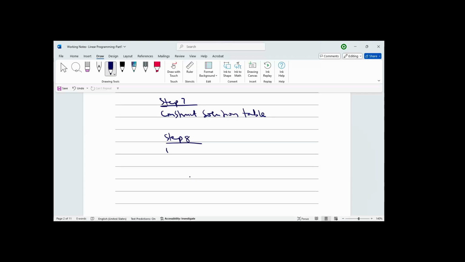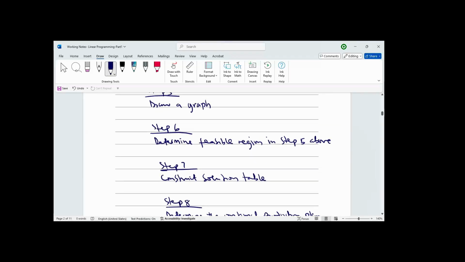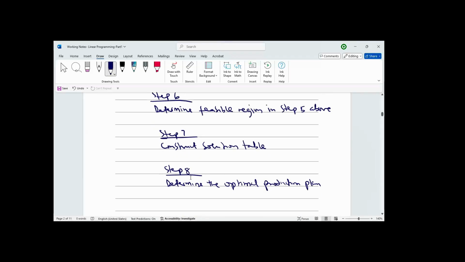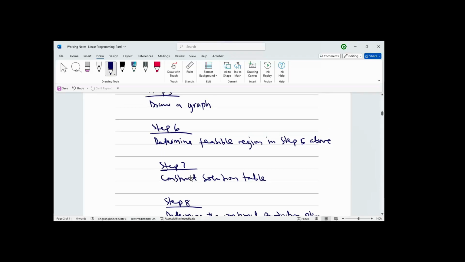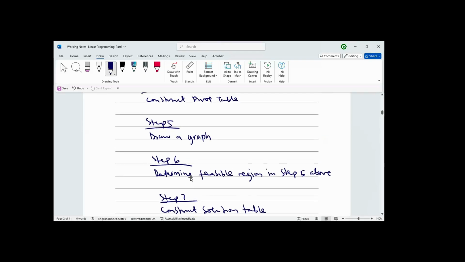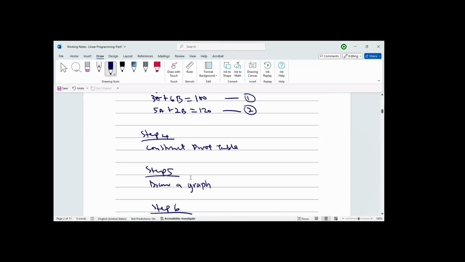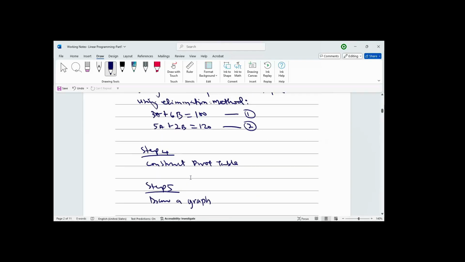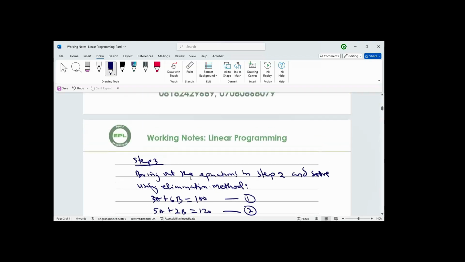You determine the optimal production plan. So these are the 8 procedures that you need to carry out anytime you want to determine optimal production plan using linear programming.